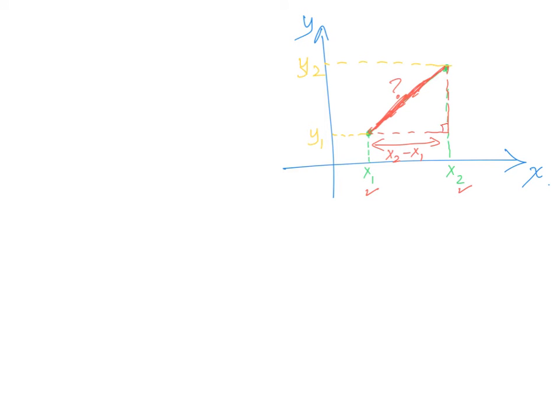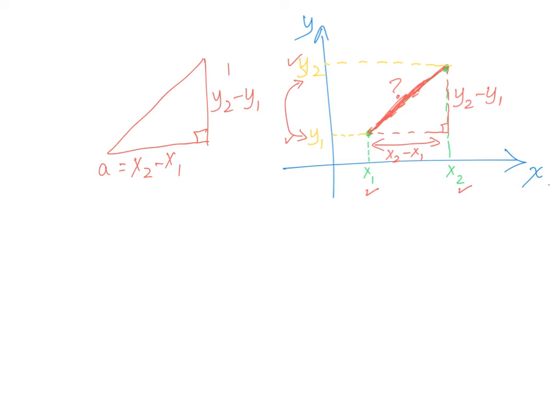And similarly, if you want this length, we'll subtract the larger value, which is y2 and y1. So we'll get y2 minus y1, right? So now we have a right triangle that looks like this, with sides x2 minus x1 and y2 minus y1. So let's define this as A, let's define this as B, and we are looking for C.